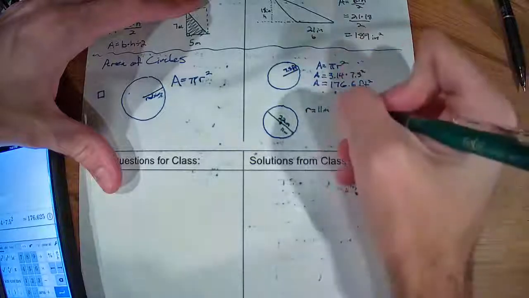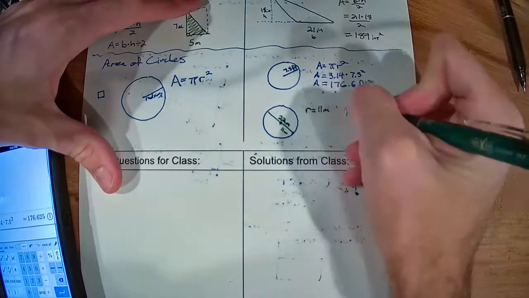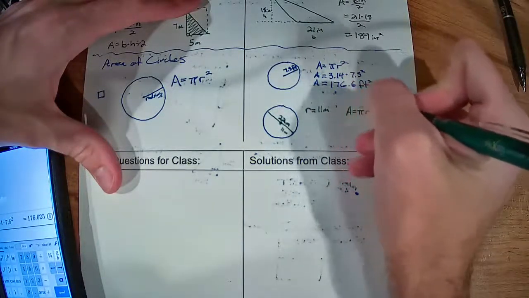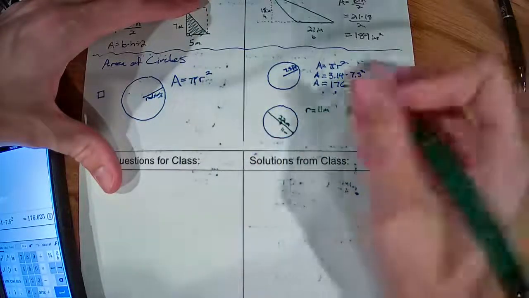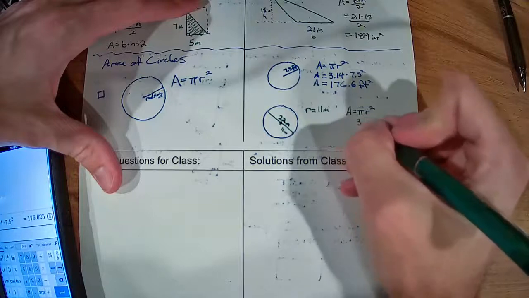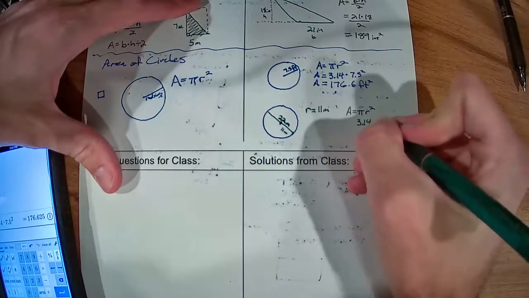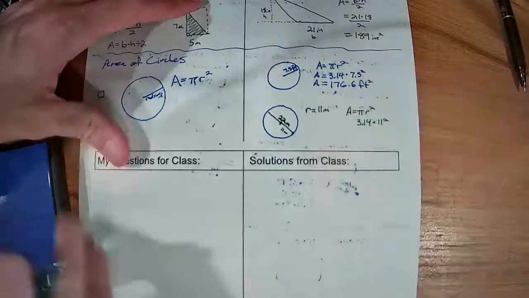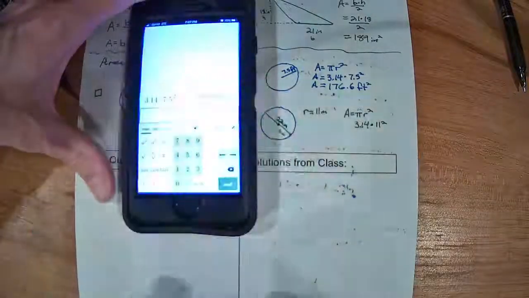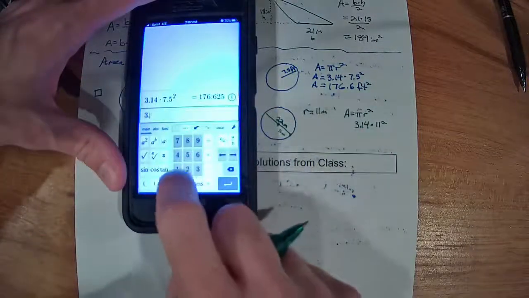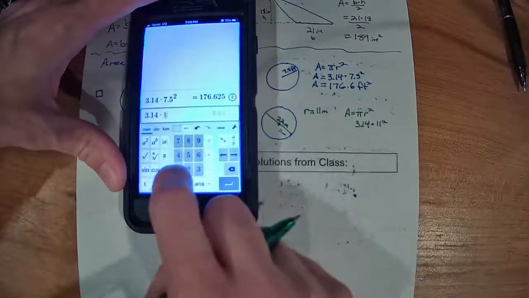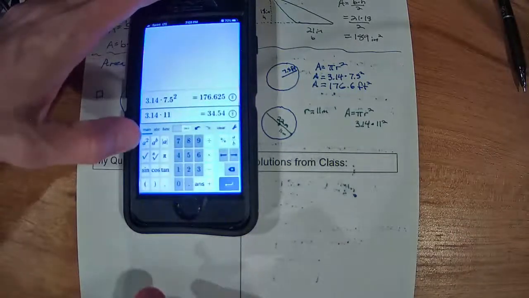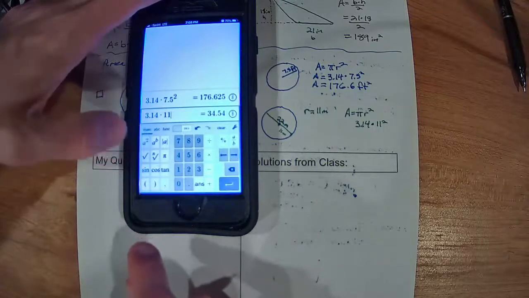Now that I know that, I can find my area. So area is equal to pi times the radius squared. We took the diameter and cut it in half. So we're going to take 3.14, just like we did before, multiplied by 11 squared. Let's type that in in case we need to see how we do that power of 2 again. So 3.14 multiplied by 11, and then my power of 2 button is here on the far left-hand side.